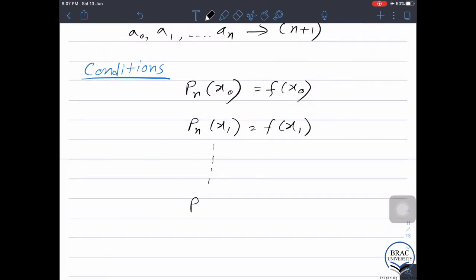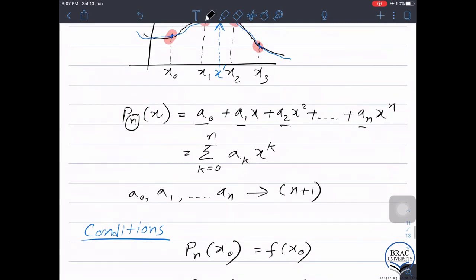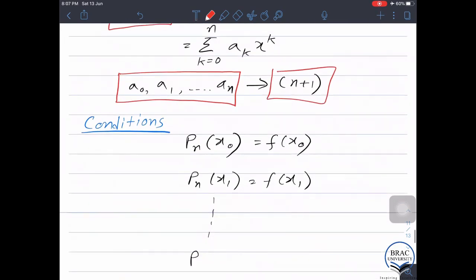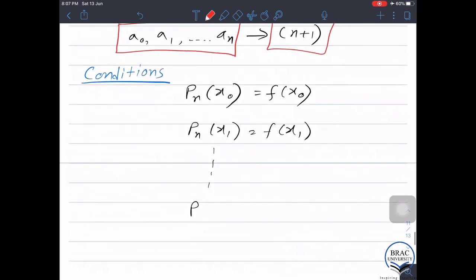Now if I want to find a polynomial of degree n, then I need to find n plus 1 coefficients, right? So to find n plus 1 numbers, I need n plus 1 conditions, right?